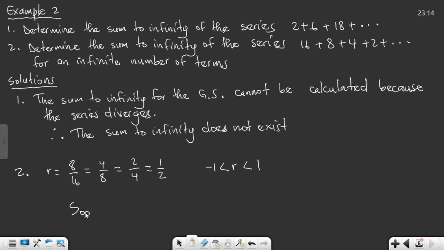To calculate the sum to infinity, if you remember, we have this formula: a over 1 minus r. This is my a. And what is a? A is the first term, which is 16. So the first term is 16 over 1 minus r. What is r? We calculated r. It's 1 over 2. And this will give you 32. You can check with your calculator. Okay, the sum to infinity of this geometric series is equal to 32.